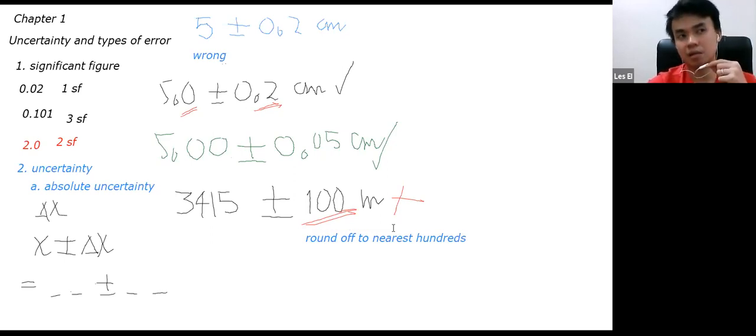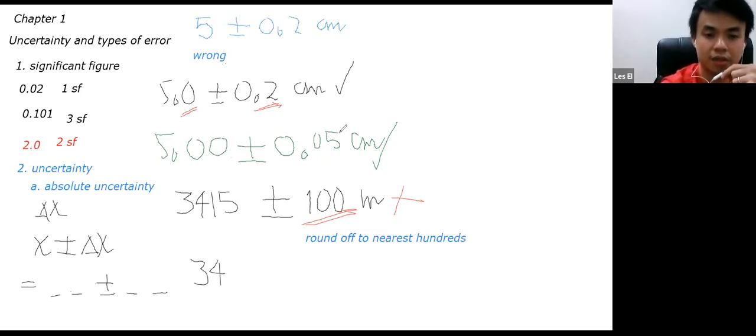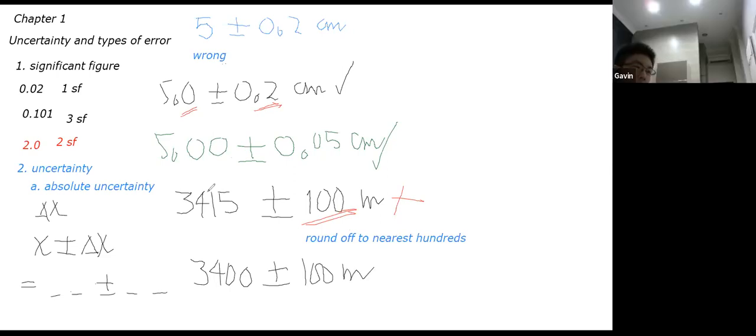That's how the reader understands that you are rounding to the nearest 100. So if you write it like this, then I would want to see your answer like 3,400 plus minus 100 meter.